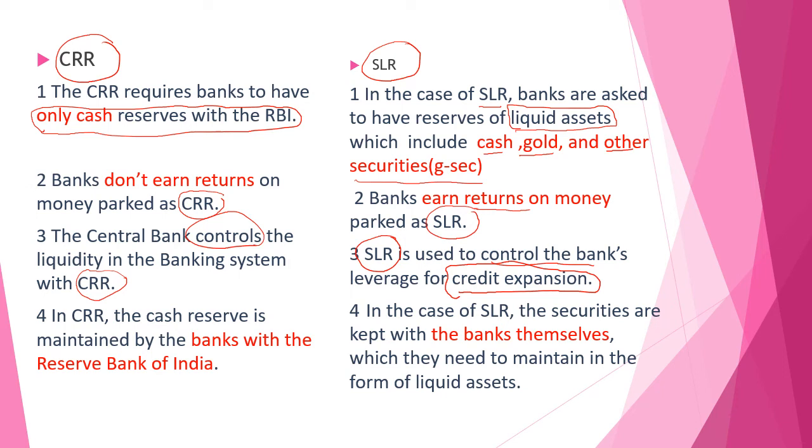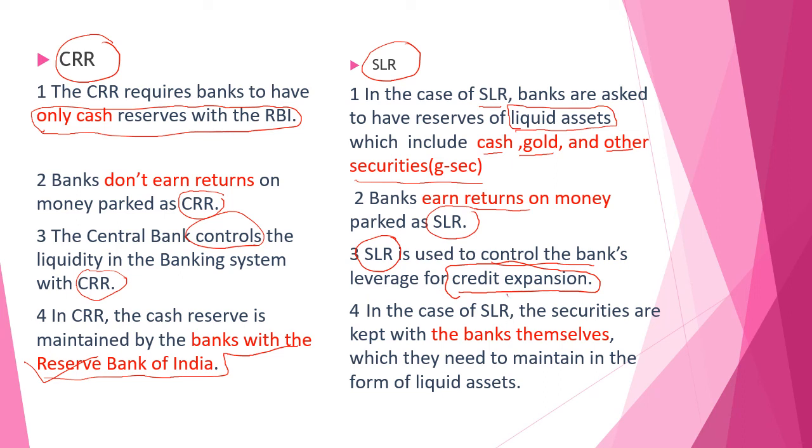But the fourth difference is that in CRR, the cash reserve is maintained by the banks with the Reserve Bank of India. Every commercial bank has to keep the CRR in the Reserve Bank of India.